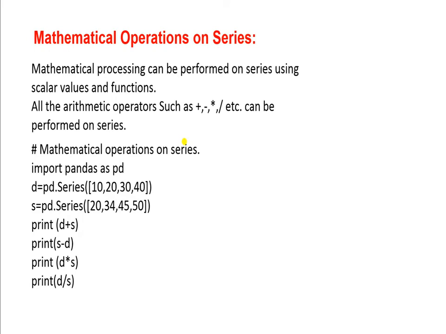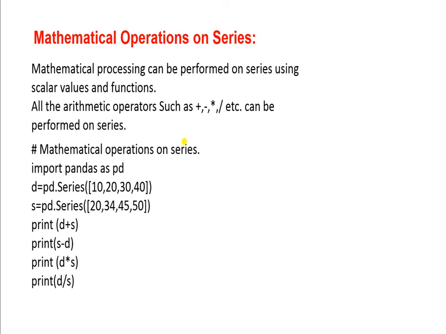Now in this example you can see we have two series, D and S. We generate two series in variables D and S. In the first series we pass the values 10, 20, 30, 40 and in the second series there are 20, 34, 45 and 50. Now we apply these arithmetic operators when we print the series.